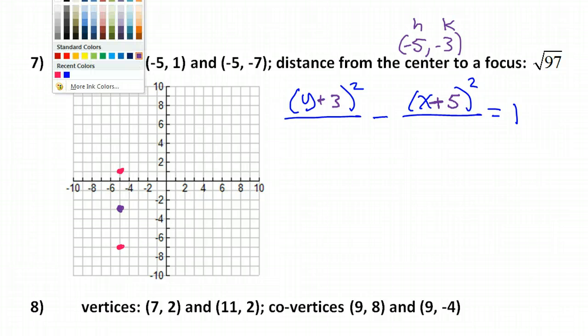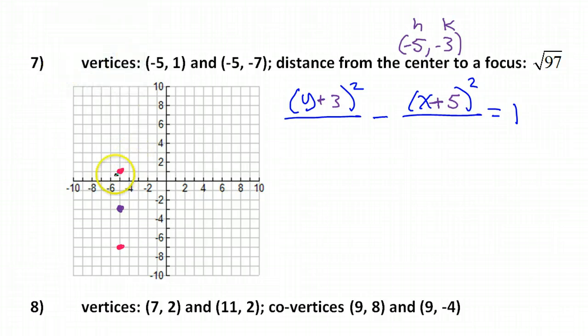Check it out, I can already see the a squared. A is right here. So a is 4, 1, 2, 3, 4. So a squared is 16, and I'm going to put my 16 right here. Now all I need is my b squared.